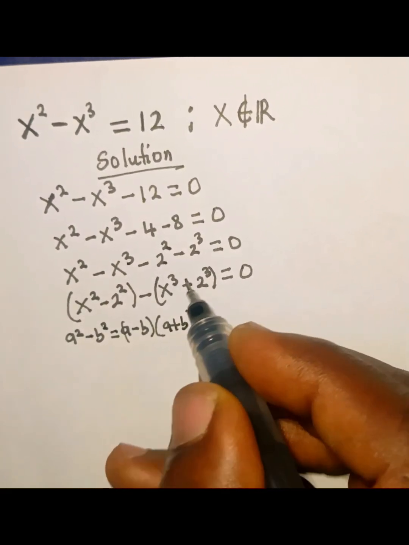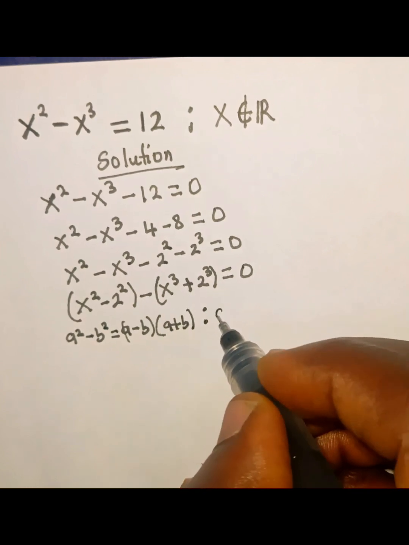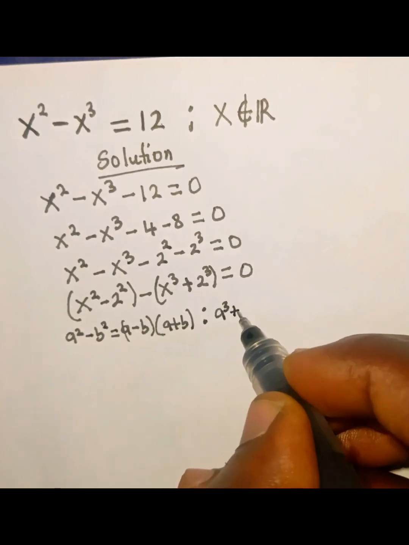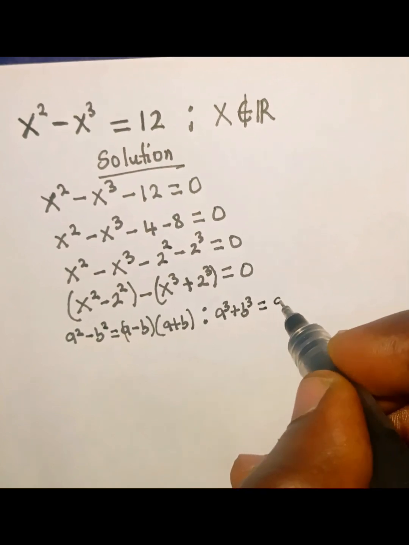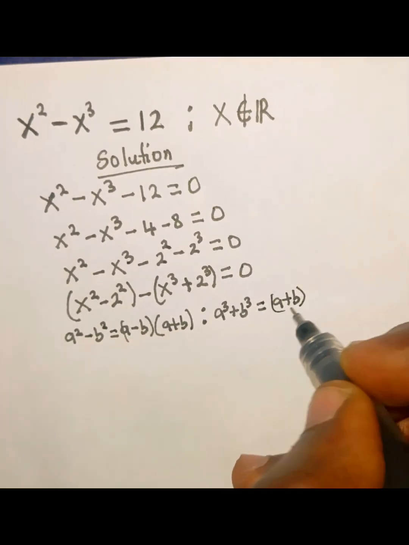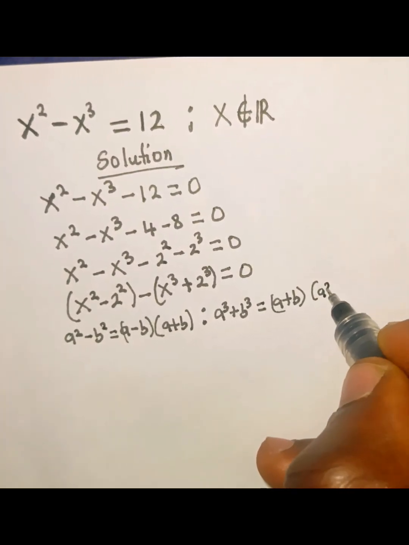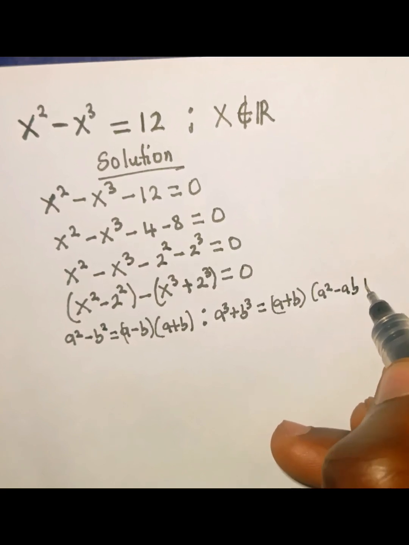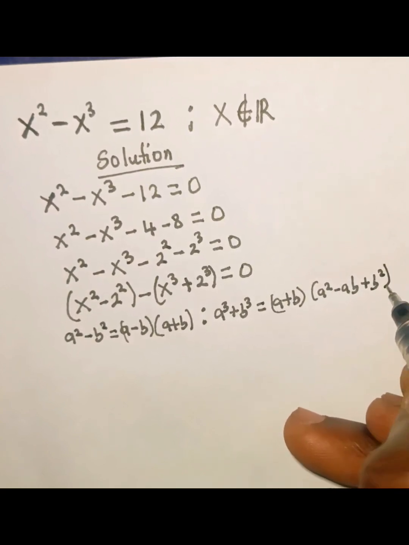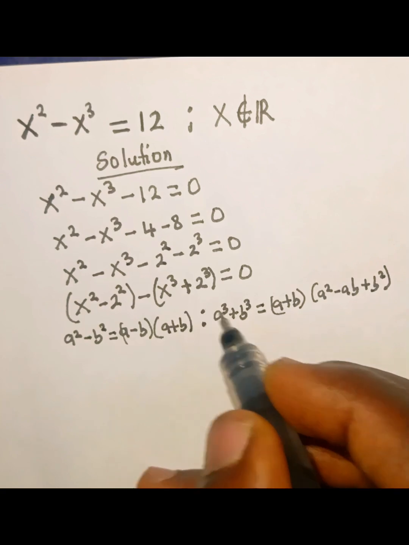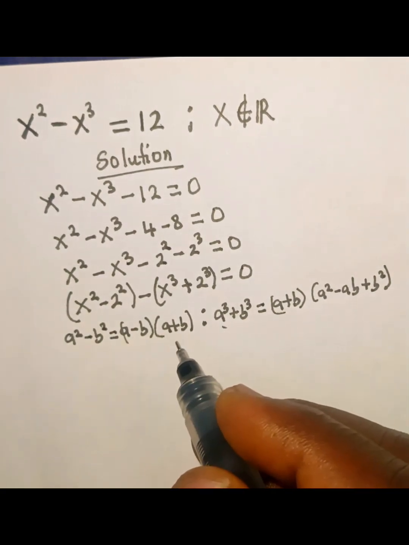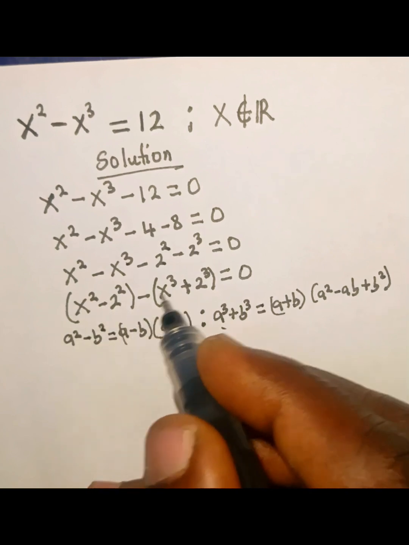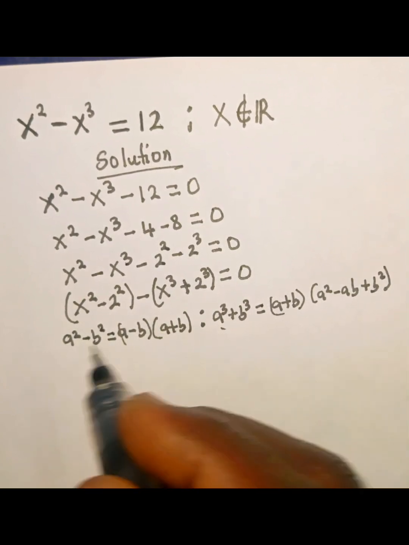Similarly, if you look at this second bracket, we have it in the form of a to power 3 plus b to the power of 3, and this can be simplified as a plus b, then multiply by a square minus ab, then plus b square. So this second bracket can be simplified in this form, and the difference of two squares can be simplified in this form. Now let's break the two brackets into these two forms.